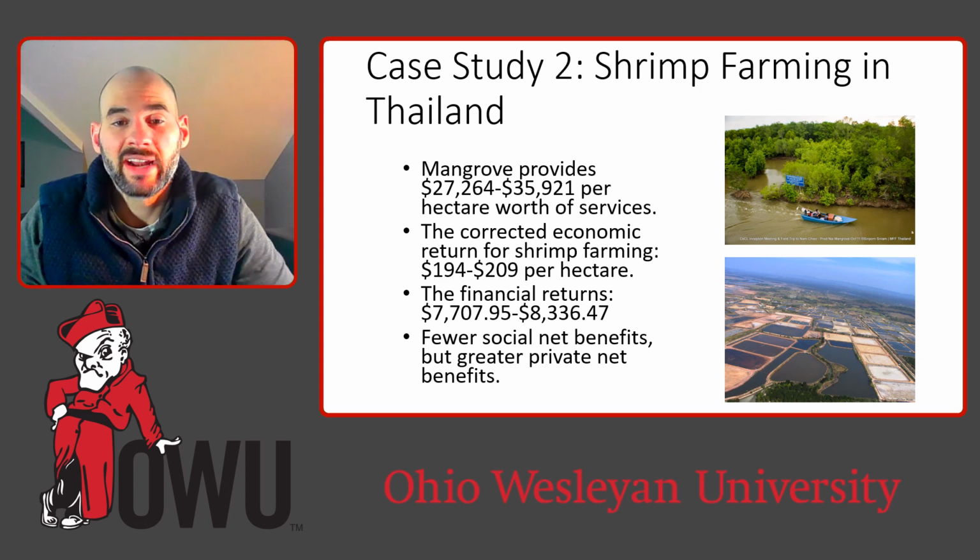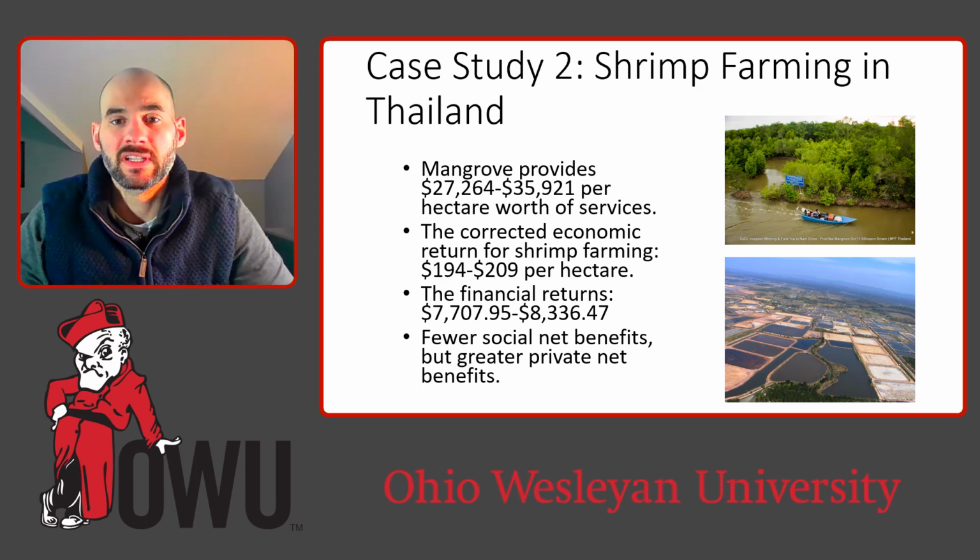And so using a variety of economic techniques, including methods of non-market valuation, the authors found that the mangroves would provide up to 35,000 US dollars per hectare worth of ecosystem services. And since this was 20 years ago, that would be significantly more now.